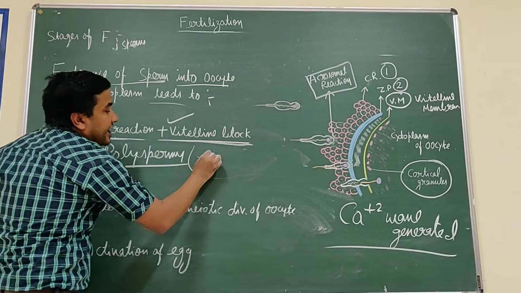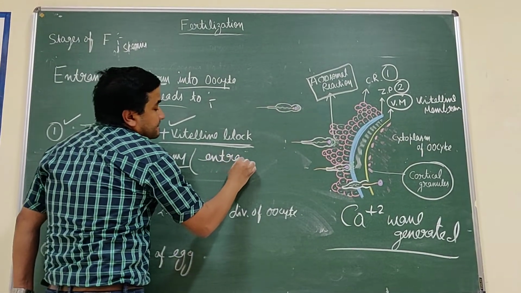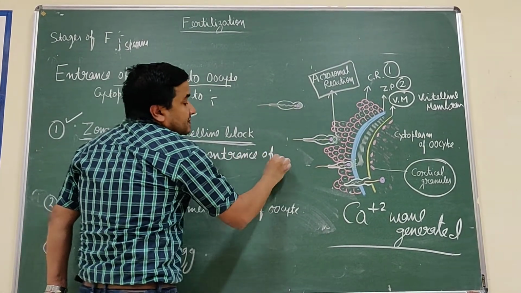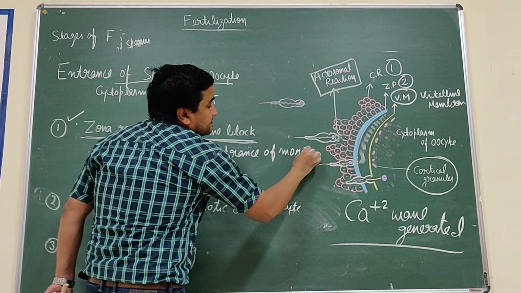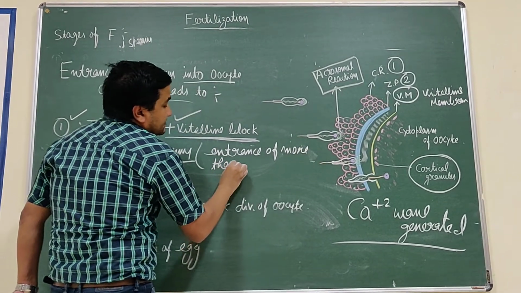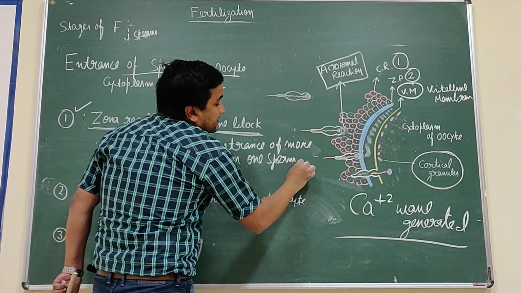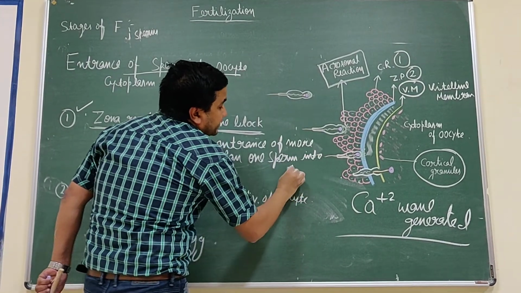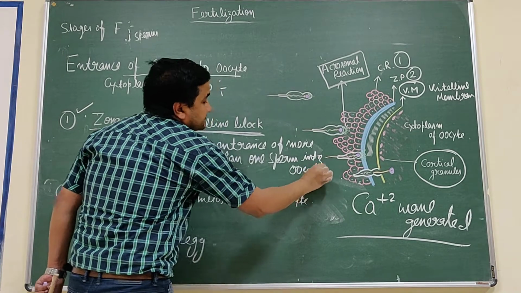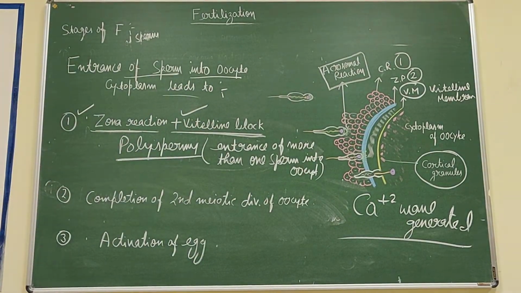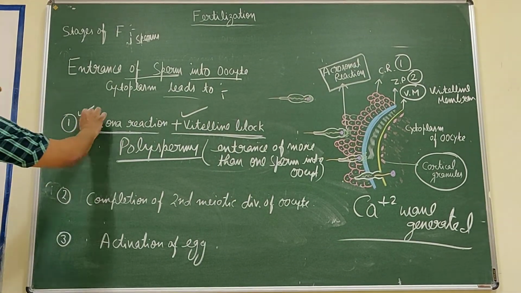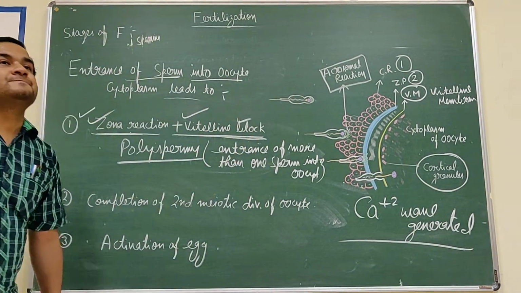Polyspermy is the entrance of more than one sperm into the oocyte. And this polyspermy is prevented by the zona reaction and the vitelline block.